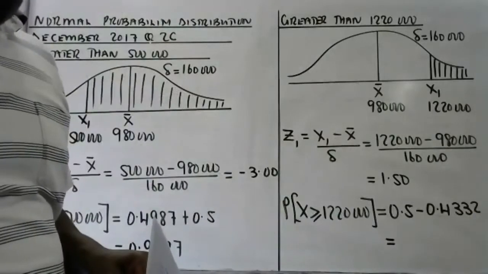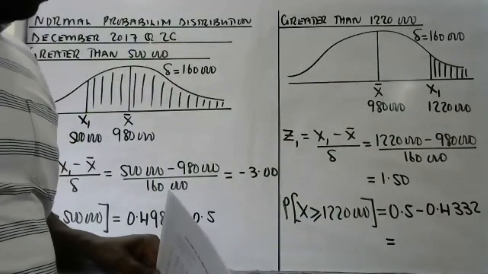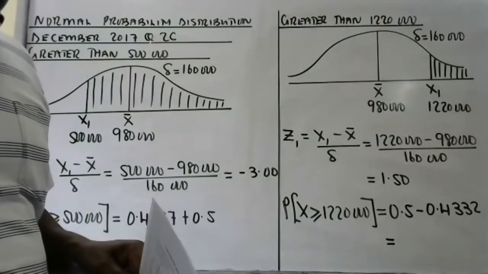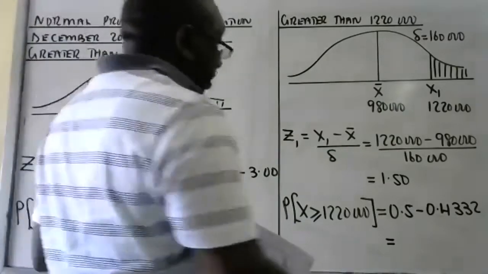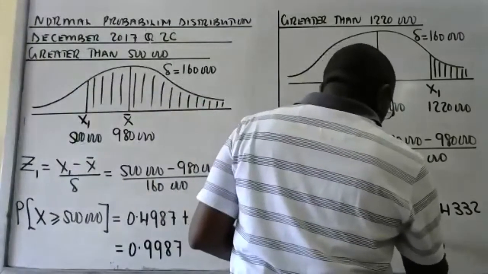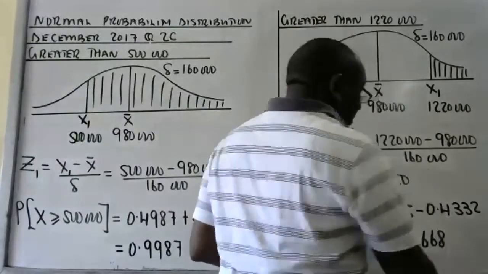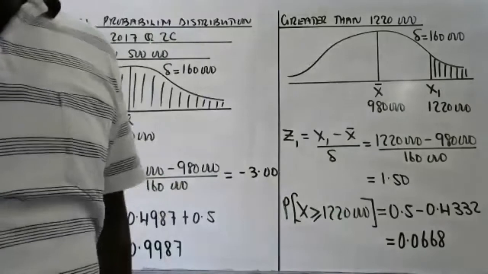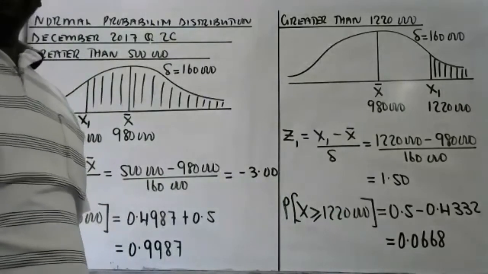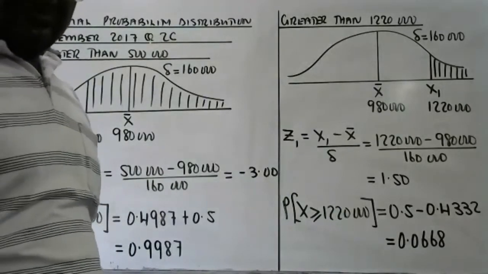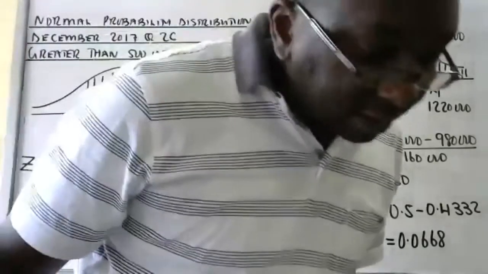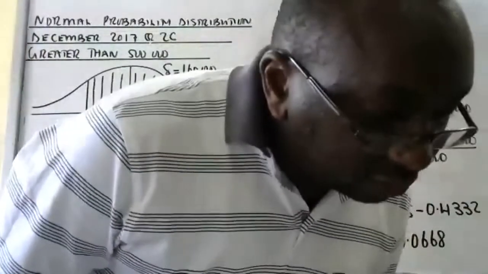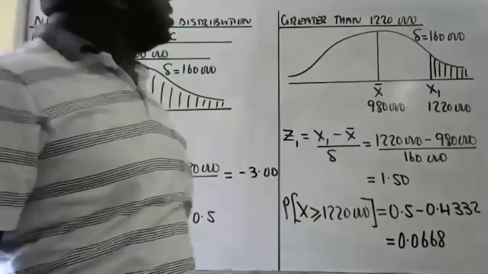So 0.5 minus 0.4332 is 0.0668. And then the last one is between 852 and 1100.